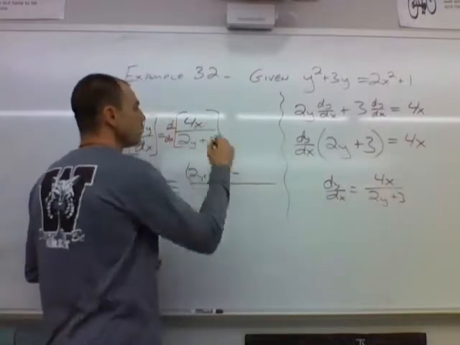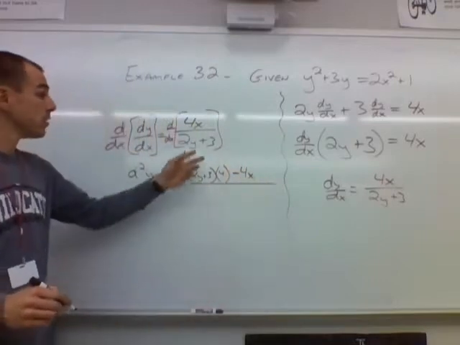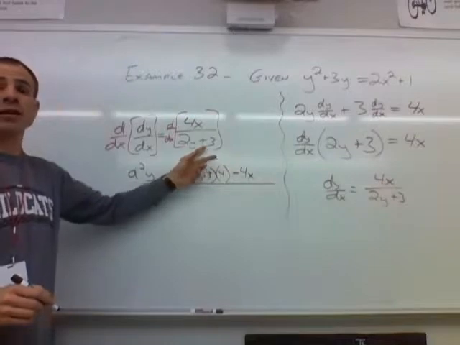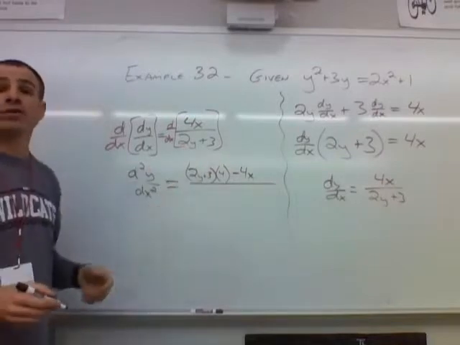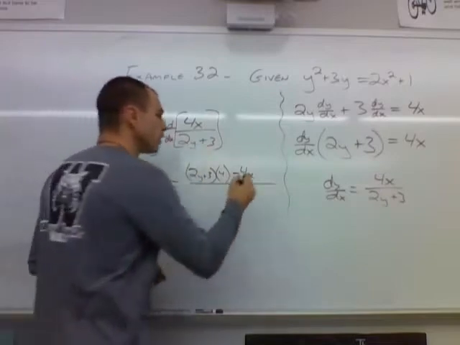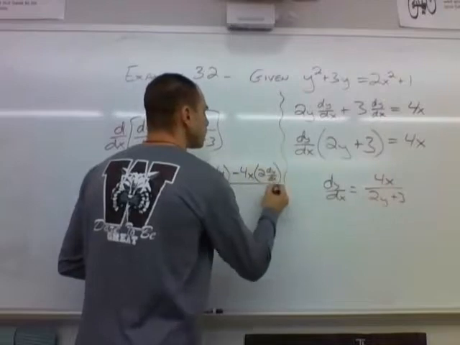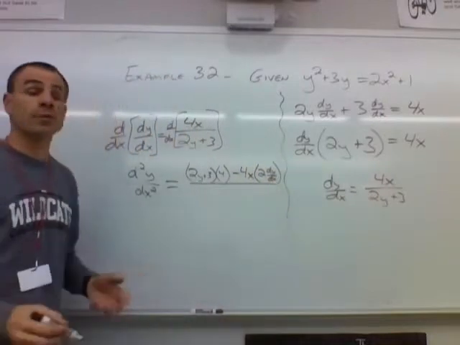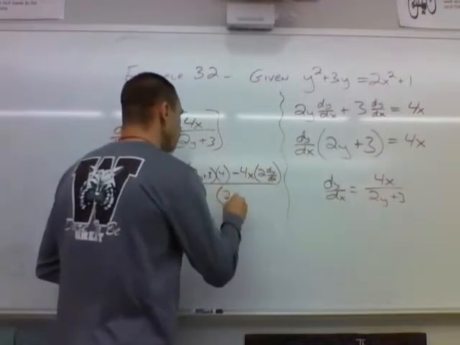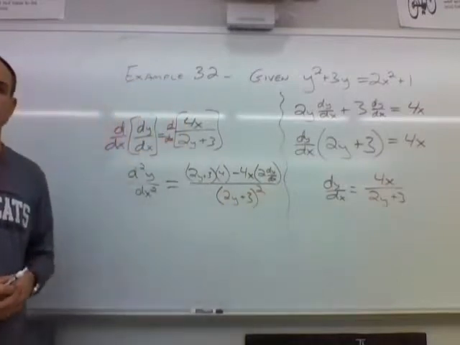Minus, now we keep the numerator and derive the denominator. The derivative of 2y plus 3: 2y derives to 2 dy/dx, and 3 derives to 0. So we have 2 dy/dx, all over the bottom squared, all over 2y plus 3 wrapped in parentheses and squared.